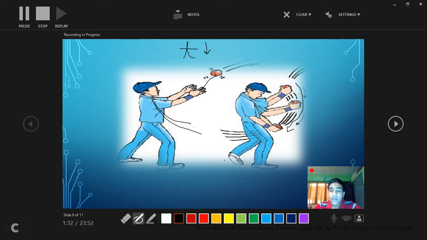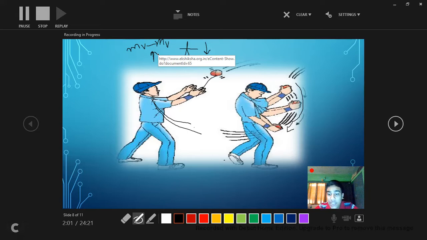So here, if the time is less, then the rate of change of momentum will be more. Rate of change of momentum means mv minus mu, the final momentum minus the initial momentum, divided by t.